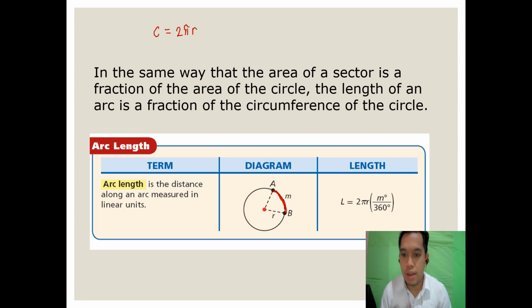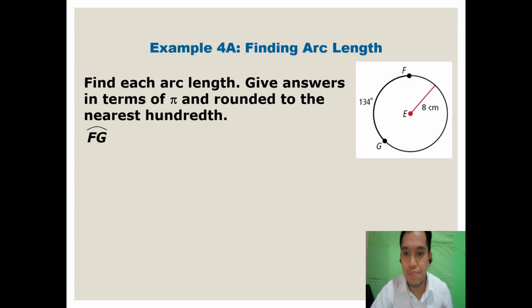Okay, again, the formula to find the length of an arc is L equals 2 pi r times m degrees over 360 degrees. Okay, so example, find each arc length, give answers in terms of pi, and rounded to the nearest hundredth. Okay, so we have here arc FG.